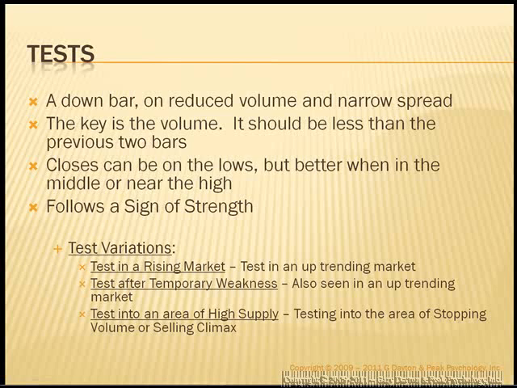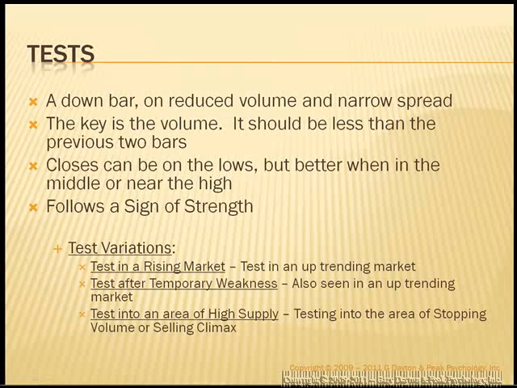Just because a test bar comes into place doesn't necessarily mean much of anything. But when it comes into place after a sign of strength, like a 2-bar bottom reversal or a selling climax, then it has much more meaning. All right.